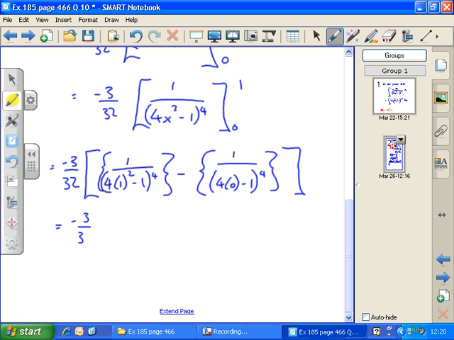Minus 3 over 32 times, 1 squared is 1, and 4 minus 1 is 3, so that's 1 over 3 to the power 4, minus, negative 1 to the power 4, so it's 1 over negative 1 to the power 4.